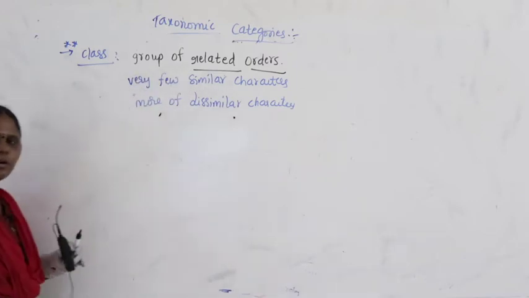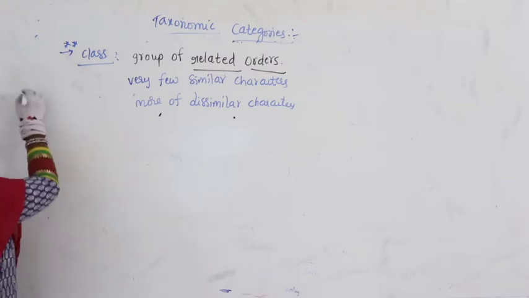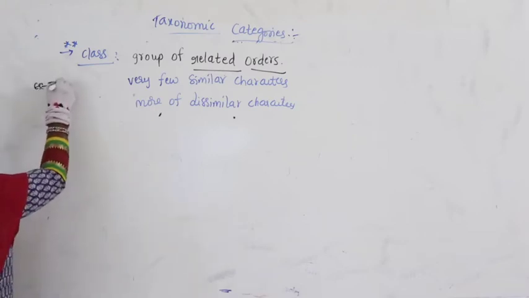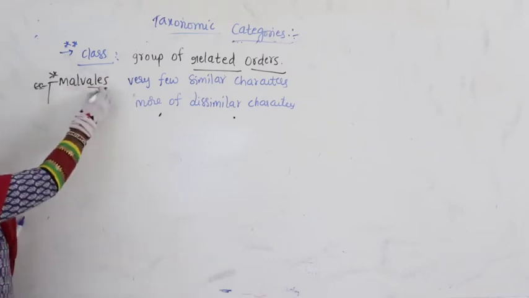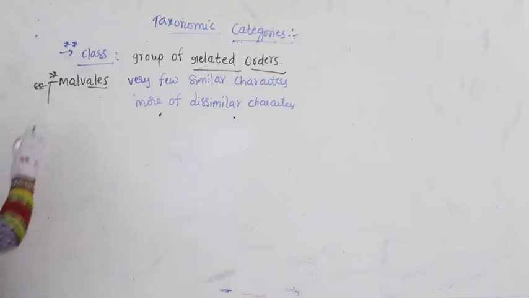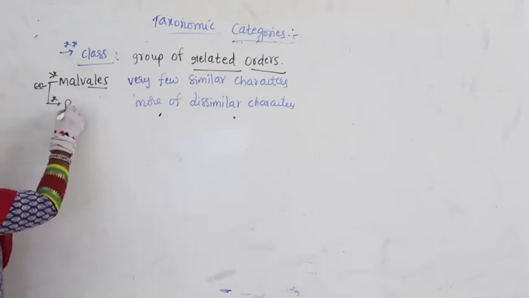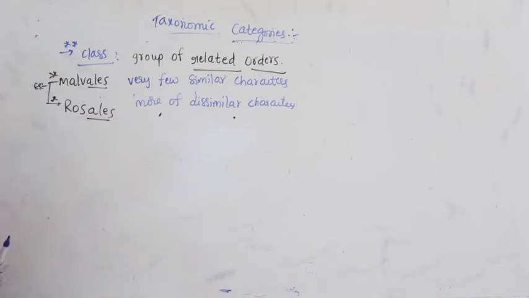When you take different orders of plants with a few common characters, because of those few common characters we place them in the same class. So, for example, let us take Malvales, an order because it ends with the suffix ales, so it is the name of the order. Similarly, another order, Rosales, ends with ales.